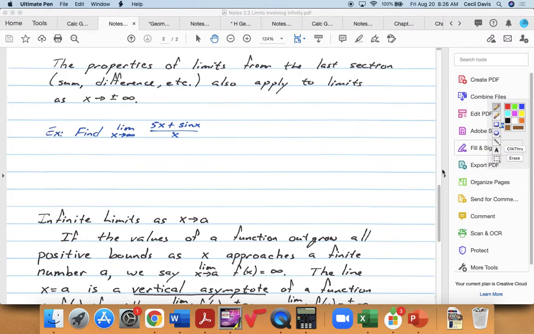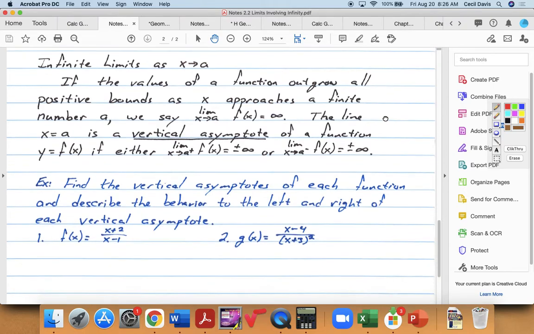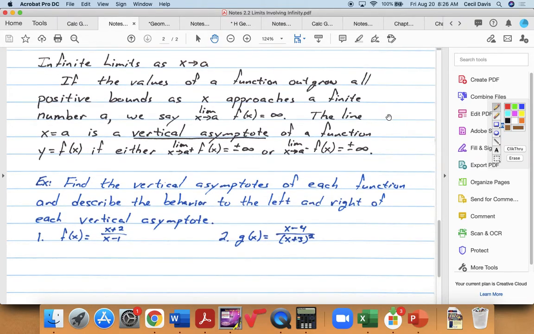All right, moving on. So let's talk about vertical asymptotes and limits as x approaches a. If the values of a function outgrow all positive bounds as x approaches a finite number a, we say that the limit as x approaches a of f of x is equal to infinity.